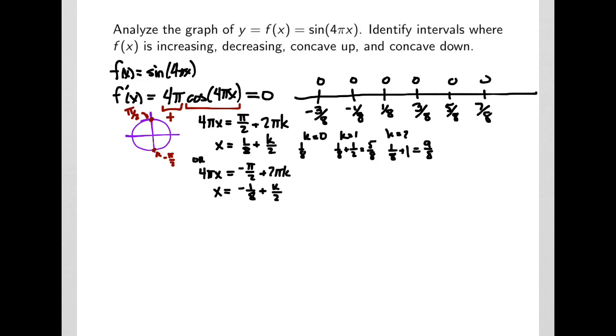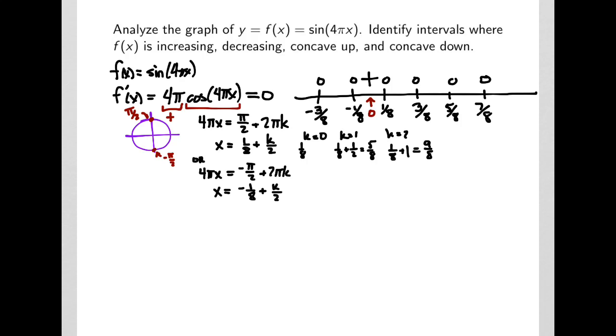And now we need to figure out the sign of our derivative, and we'll do that by thinking about values in between. So for example, 0 is in between here. And so if I put x equals 0 into my formula for my derivative, I get the cosine of 0, and the cosine of 0 is 1. 1 times 4 pi is positive. And so I've learned that on that interval, my derivative will be a positive value.